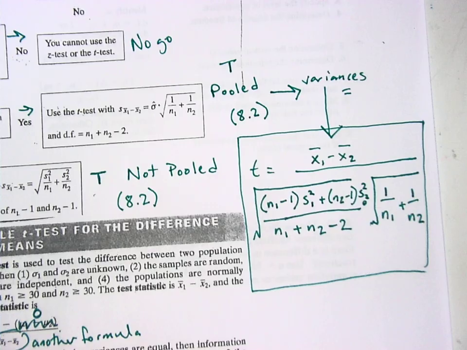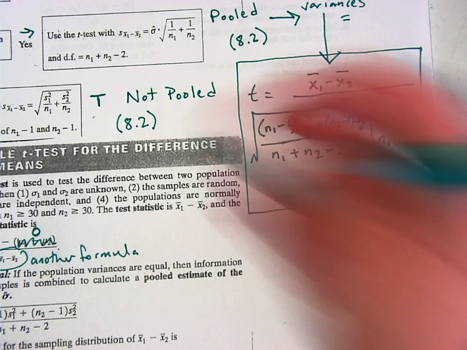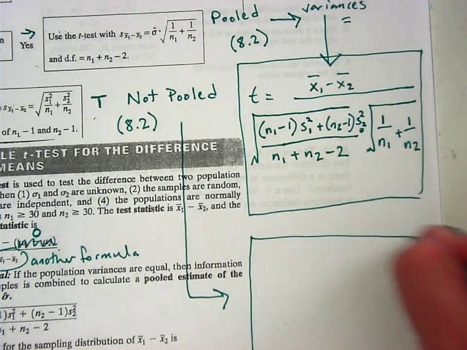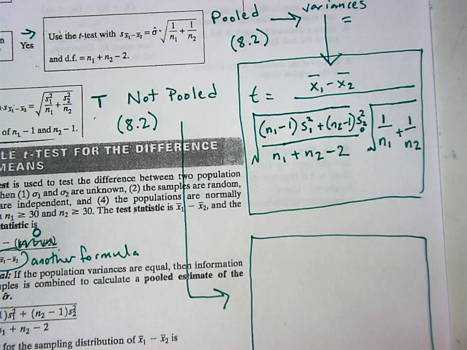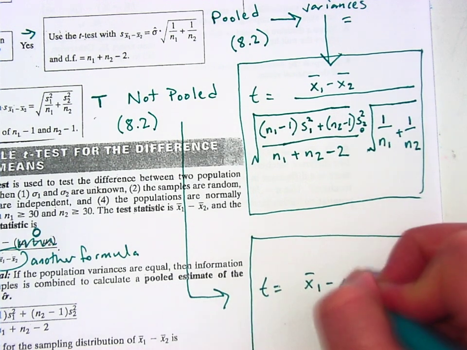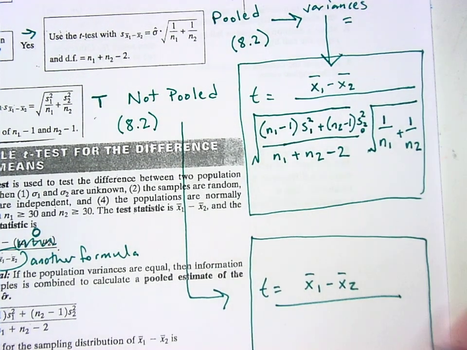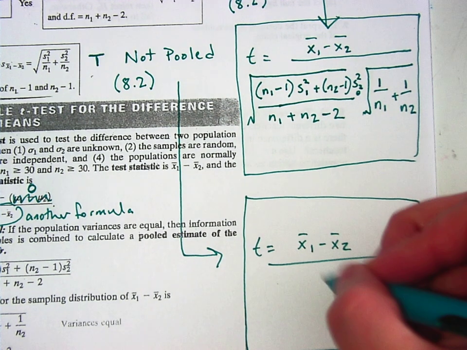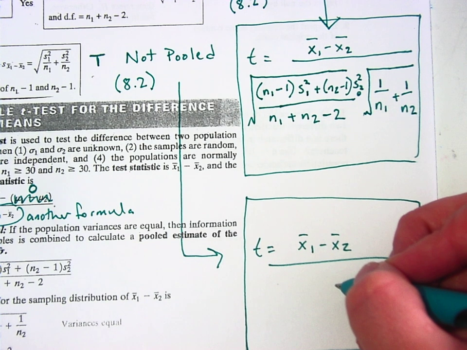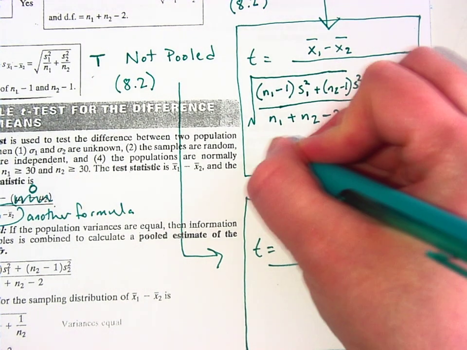If it is not pooled, the formula is a little easier, but still not great. On top is still your x bar 1 minus x bar 2. And for that, oh, and we should write this in this box.